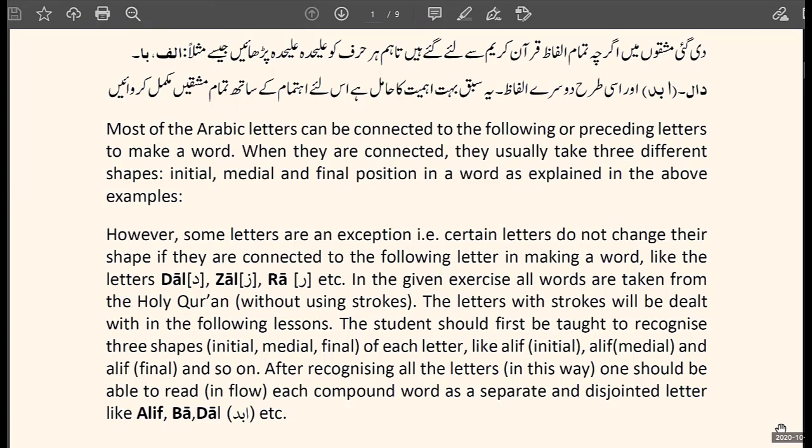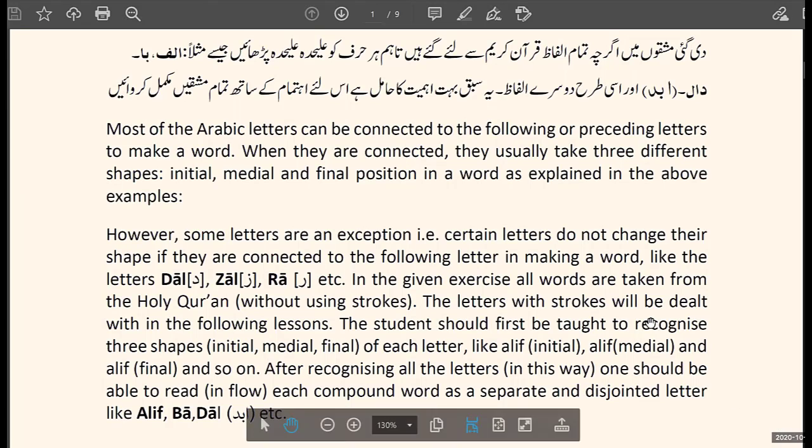The student should first be taught to recognize 3 shapes, initial, medial, and final, of each letter, like alif initial, alif medial, and alif final, and so on. After recognizing all the letters in this way, one should be able to read in flow each compound word as separate and disjointed letters, like alif, ba, dal, etc. Okay, thank you so much.